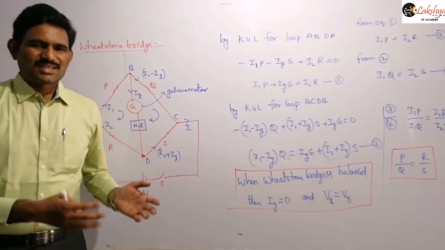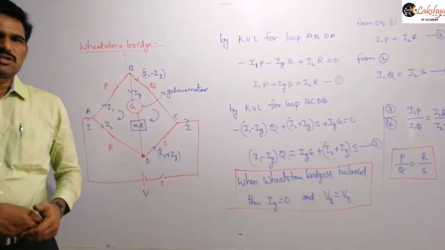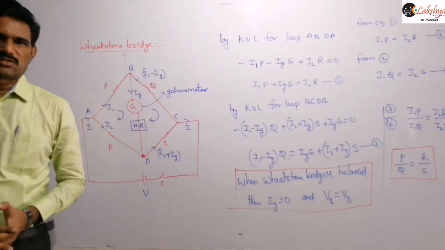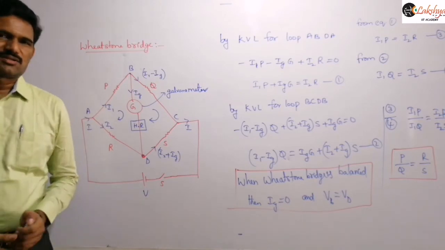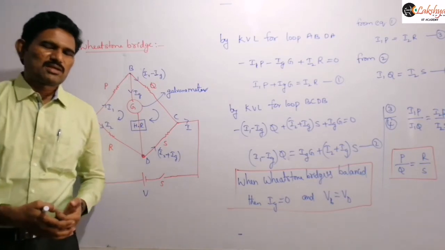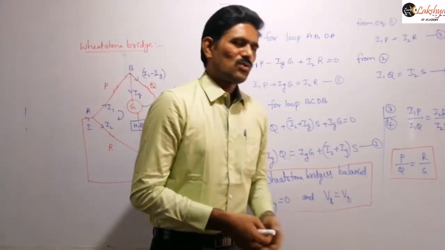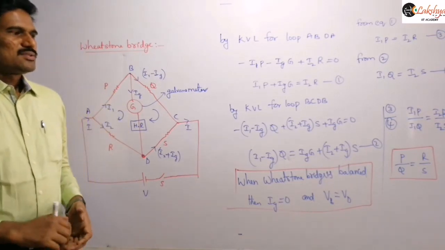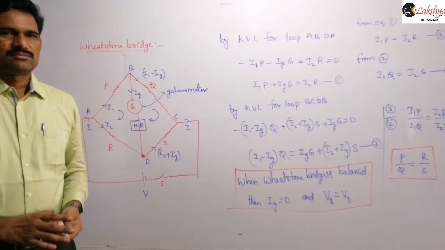You can say the reverse also: if that ratio is satisfied, then no current is flowing through this resistance here, right? So when P by Q is equal to R by S, the Wheatstone bridge is said to be balanced. This is called the balanced condition for the Wheatstone bridge.